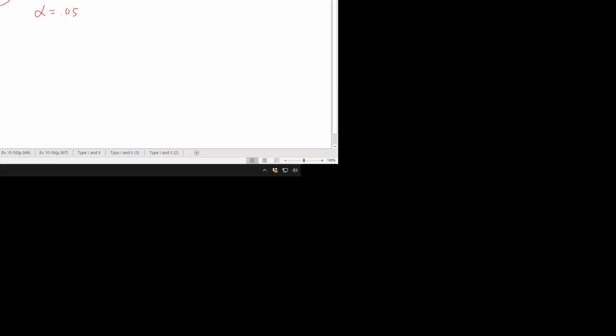The translation of H1 is that the canning process is overfilling cans. H0 says the canning process is not overfilling. So that's how we set up the hypothesis for this problem. In terms of the appropriate test statistic, we know that sigma is given.